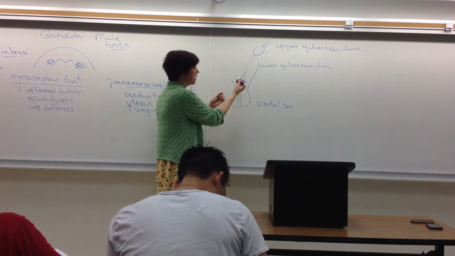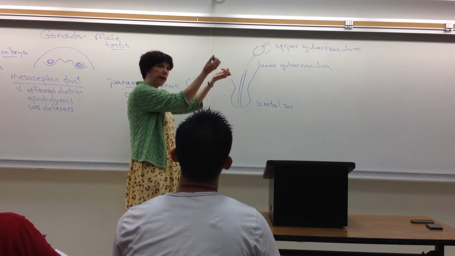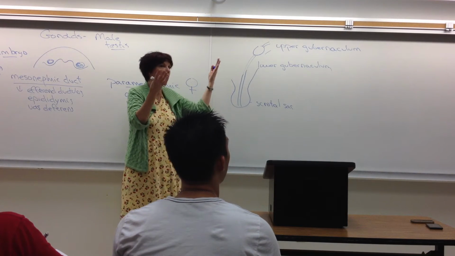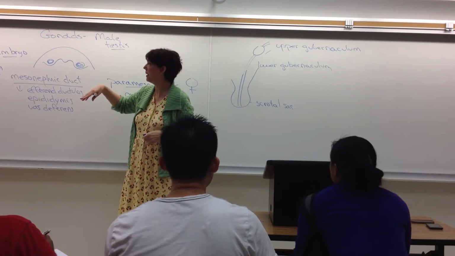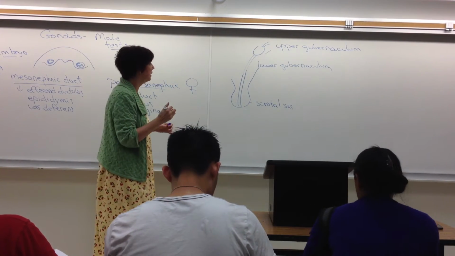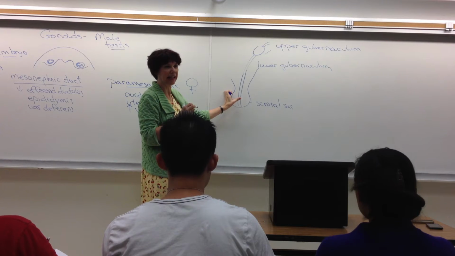And as it shortens, it pulls the testes down behind the peritoneum, along the posterior abdominal wall, through an arching layer of muscles known as the inguinal canal, and into the scrotal sac.